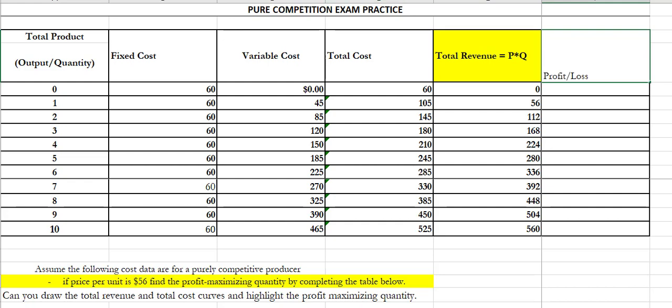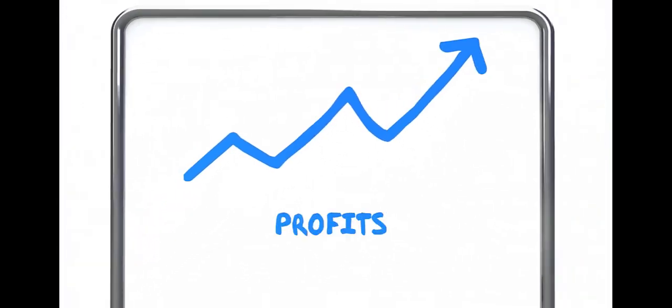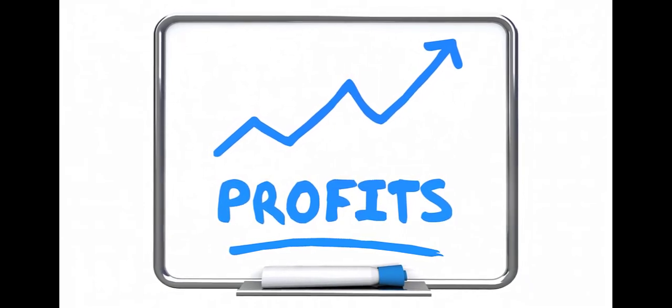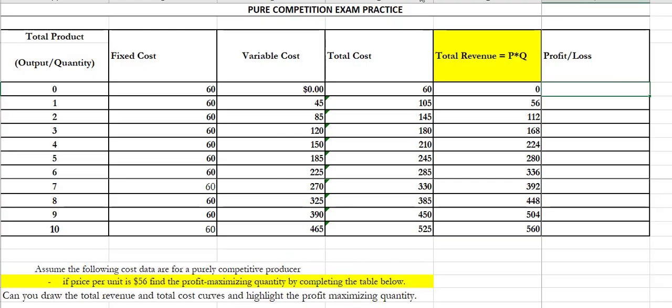So, to figure out if you're making money or losing money, how would you get that calculation? It would have to be the total revenue and you subtract the total cost. Doesn't that make sense? How much money you get from selling the good and you subtract how much it costs you to produce it.